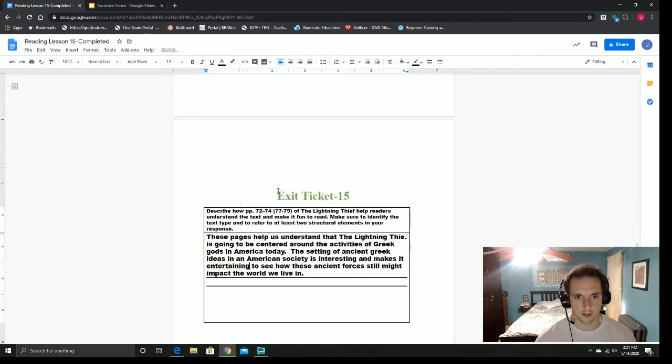Right, so that's the first part. It's about the setting, and that helps us understand the book, and how the setting is going to impact how we understand and how we enjoy the book.